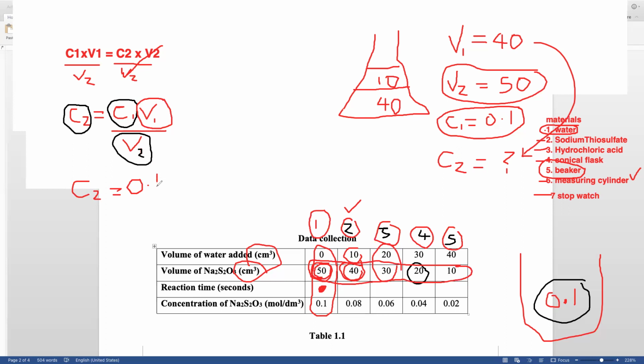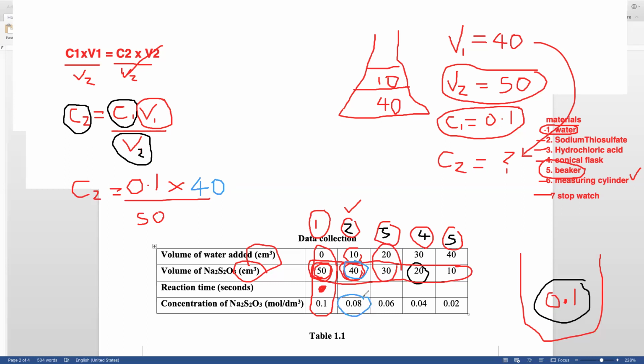It's not changing, 0.1 over the final volume is 50. I'm not converting because the conversion factor for the denominator and the numerator is the same. So the only thing that will be substituting, like I said, is a volume. So when you substitute the volume here, you actually put it here, 40. When you do the computation, the volume is gonna be 0.5.